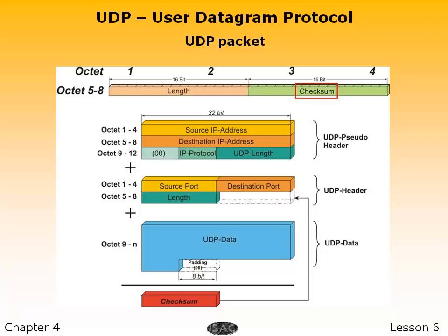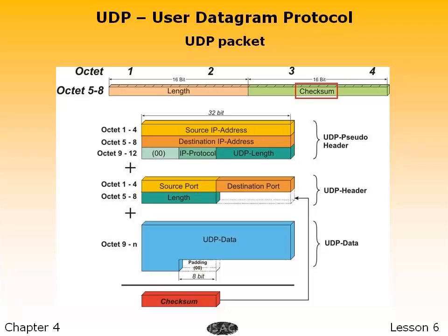A number of UDP's attributes make it especially suited for certain applications. UDP is transaction-oriented, suitable for simple query-response protocols such as the Domain Name System or the Network Time Protocol.